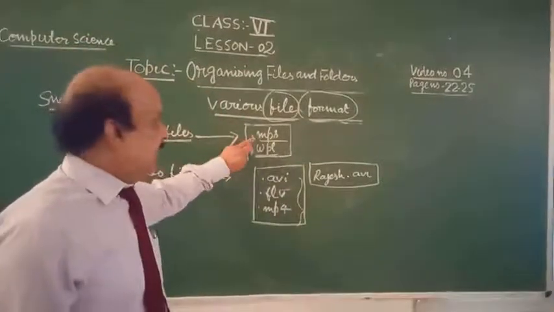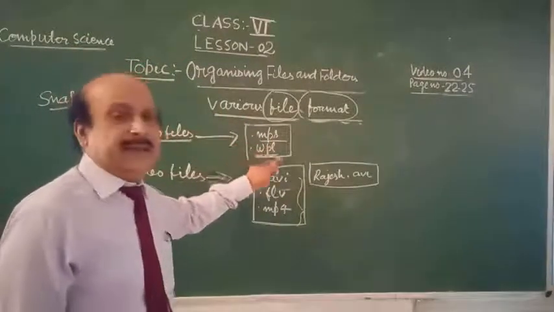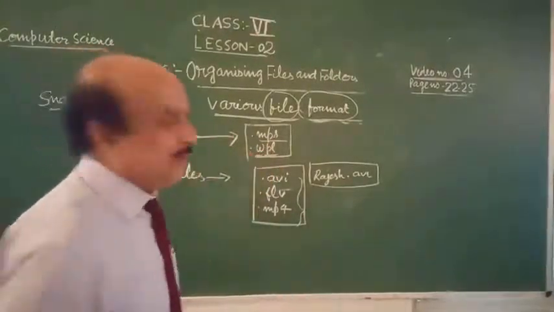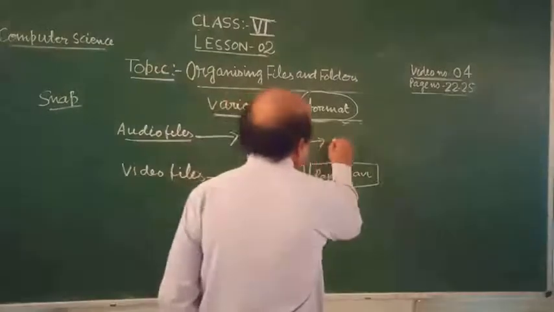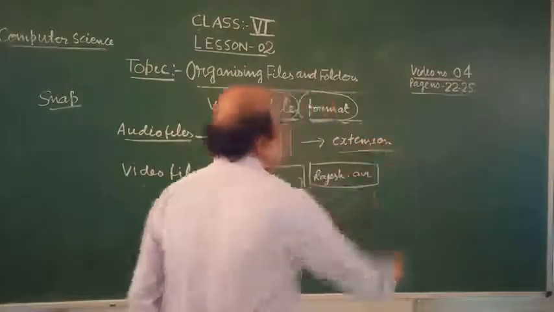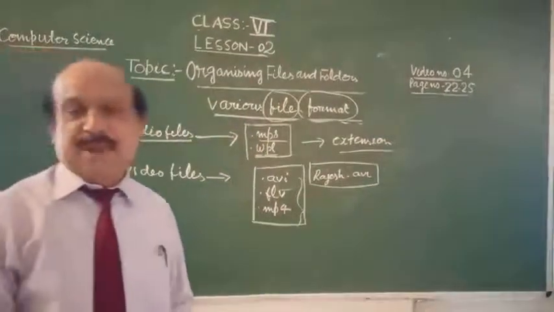And when you find the extension .mp3 or .wpl, we can say this is an audio file. So with the help of the extension we can identify which type of file is stored in the computer's memory.